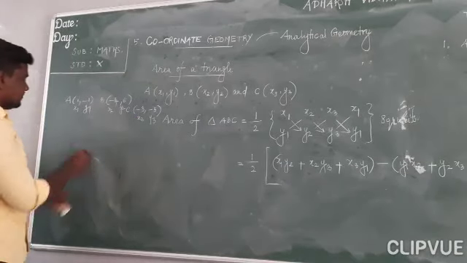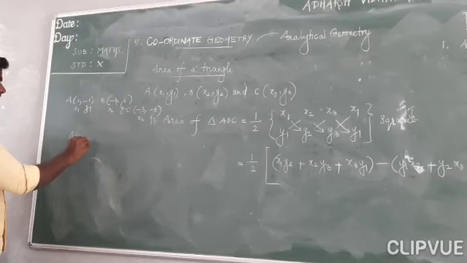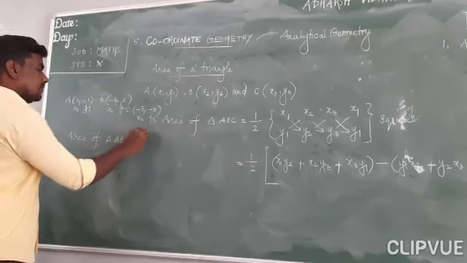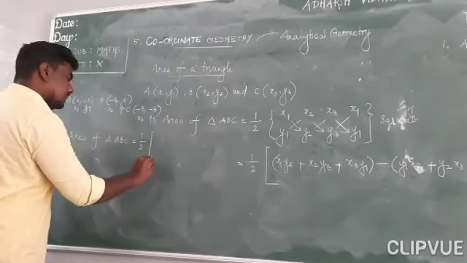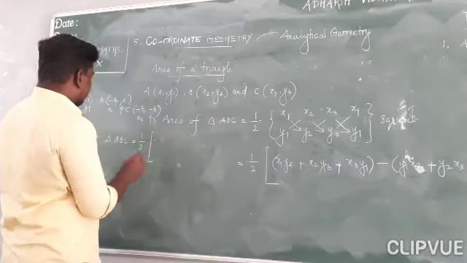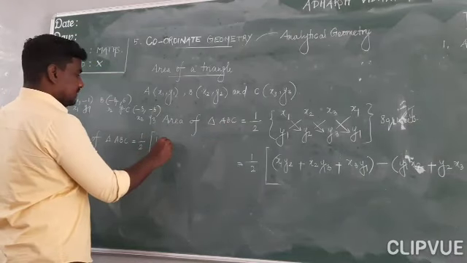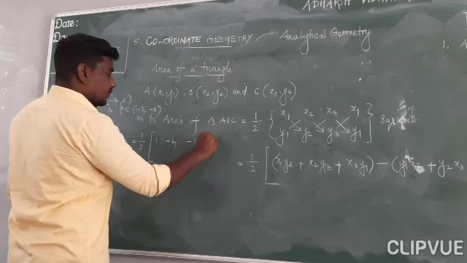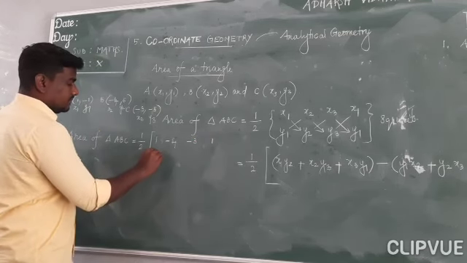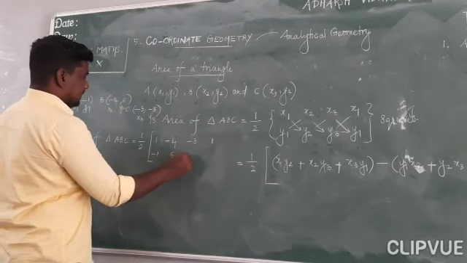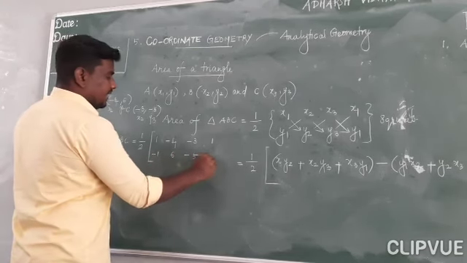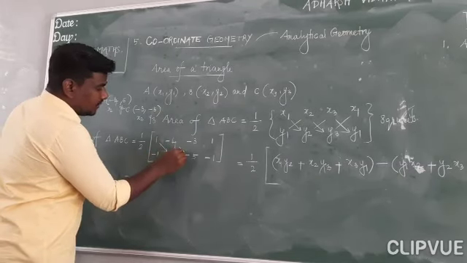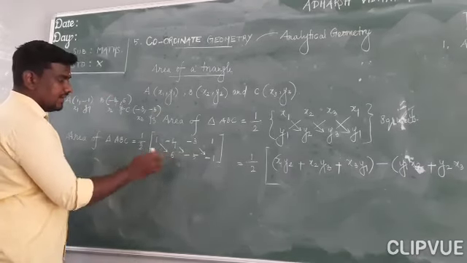Okay. So area of triangle ABC is equal to half into x1, x2, x3, x1 over y1, y2, y3, y1. So first row: 1, minus 4, minus 3, 1. Second row: minus 1, 6, minus 5, minus 1. First, the downward arrows: we multiply them and add.